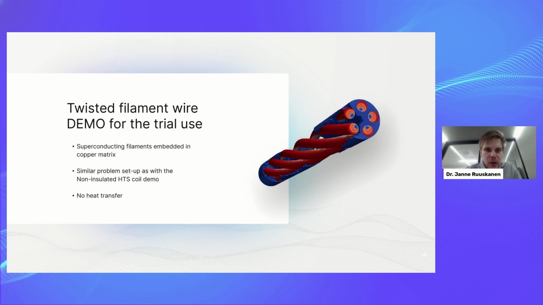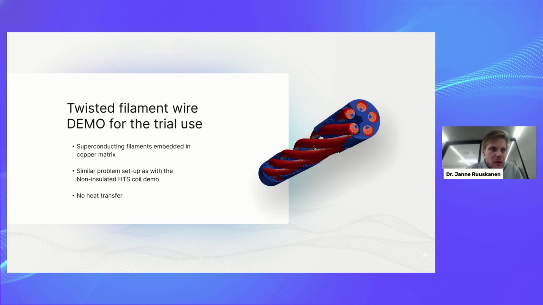And in the demo setup shared with you, with a slight difference to the just demonstrated one, we don't have heat transfer preset up there, but you can easily set it up and check if the temperature blows up or something. But yeah, other than that, it's a very similar setup as we just demonstrated with the coil.